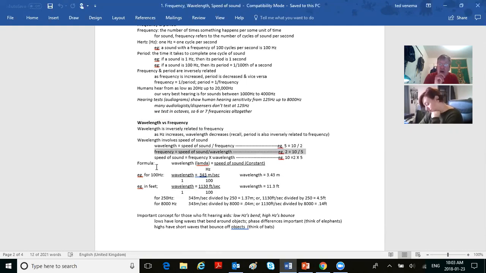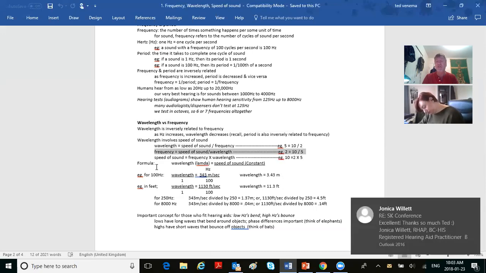Now, here's the constant, speed of sound. In air, speed of sound is 340 meters per second. In air, speed is about 766 miles an hour. So look what we're talking about here: miles versus metric.